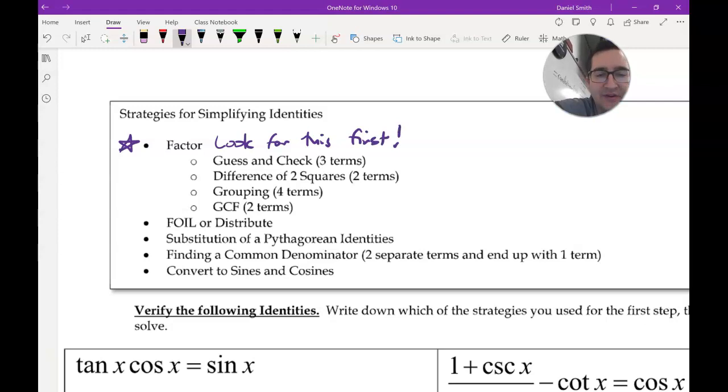If you can't factor, then probably the most common would be using an identity. Second most common would be changing everything to its sine and cosine form and hoping that stuff cancels. Finding a least common denominator is if you ever have a plus sign. And then sometimes you just might need to FOIL or distribute, but these are all in your tool bag.